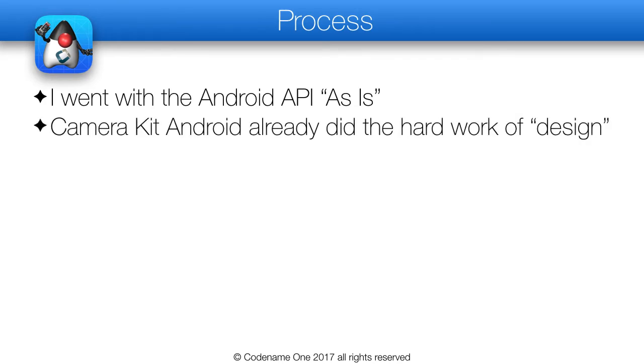My reasoning was that CameraKit already spent a lot of time designing an abstract API. It makes sense to follow their lead. I'm not a camera expert, but they already dealt with user requirements and design issues. This would make the Android implementation trivial, and if something doesn't work on iOS or elsewhere, we can create special cases for that.